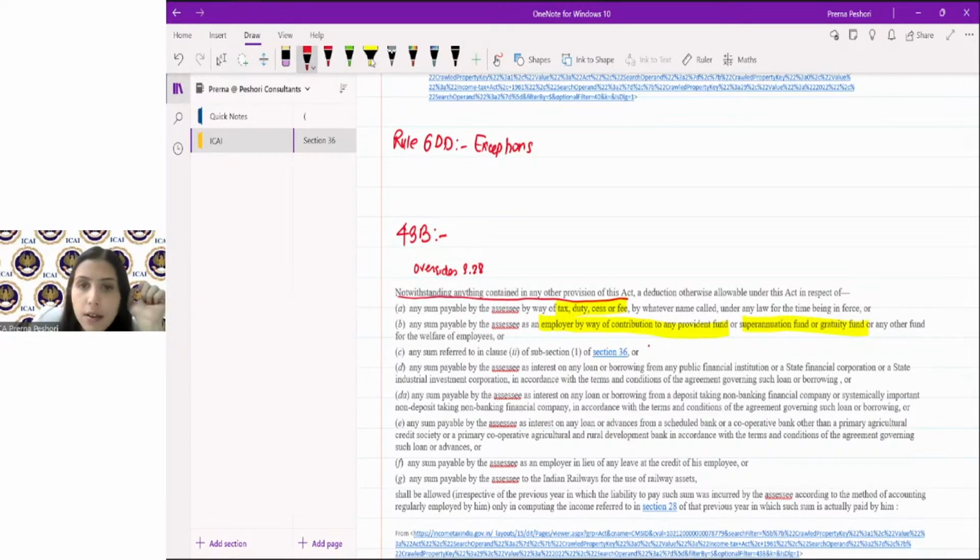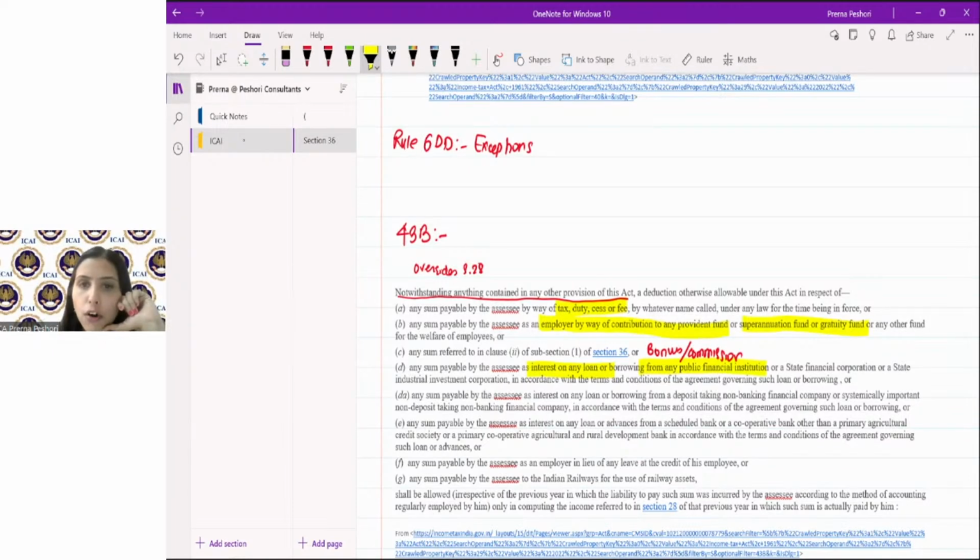So tax, duty, cess or fee, employer contribution, and 36(1)(ii), which is bonus or commission. This is also what we saw that day, that bonus or commission deduction, which is not in the nature of profits or dividend, which is for services earned, is allowed as a deduction, but it is subject to 43B. Sum payable by the assessee as interest on any loan or borrowing from a public financial institution or state financial corporation or state industrial development corporation.